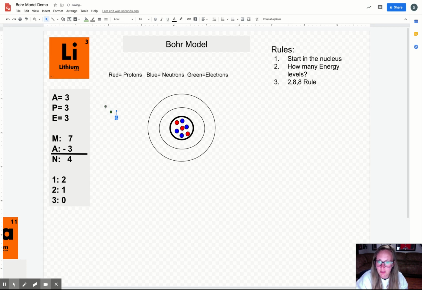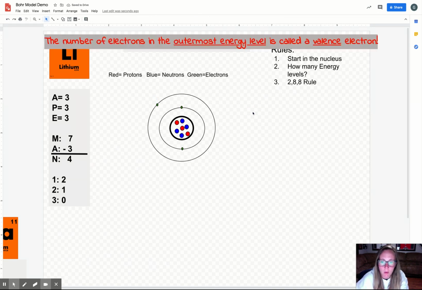There are my 3 electrons. I'm going to move them. 1 in my first energy level, 2. My first energy level is now full. And then my 1 in my second energy level. And that is what a Bohr model for lithium looks like.